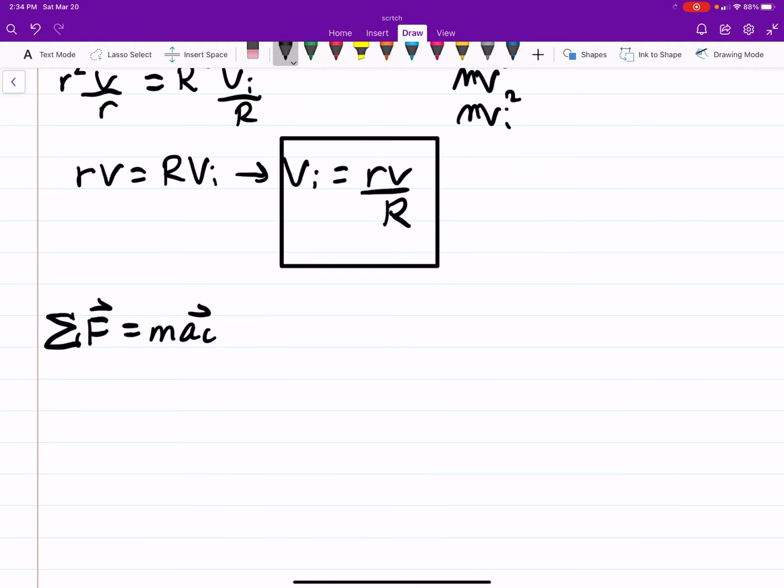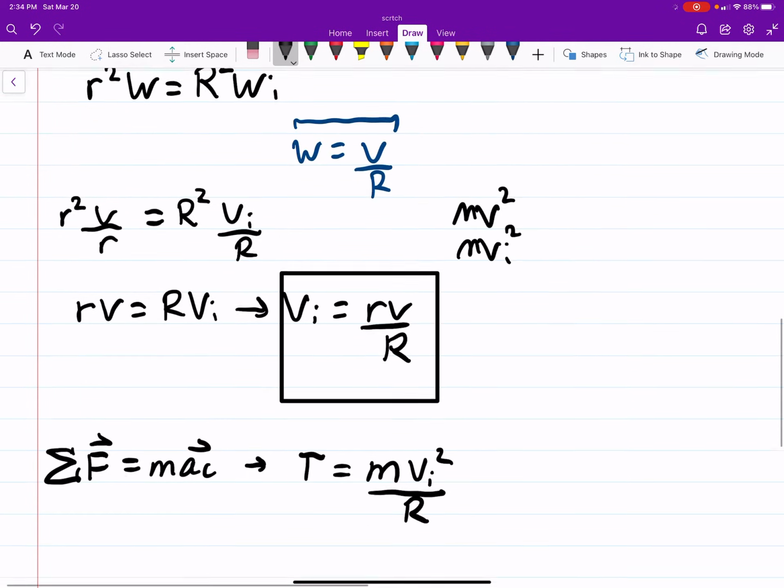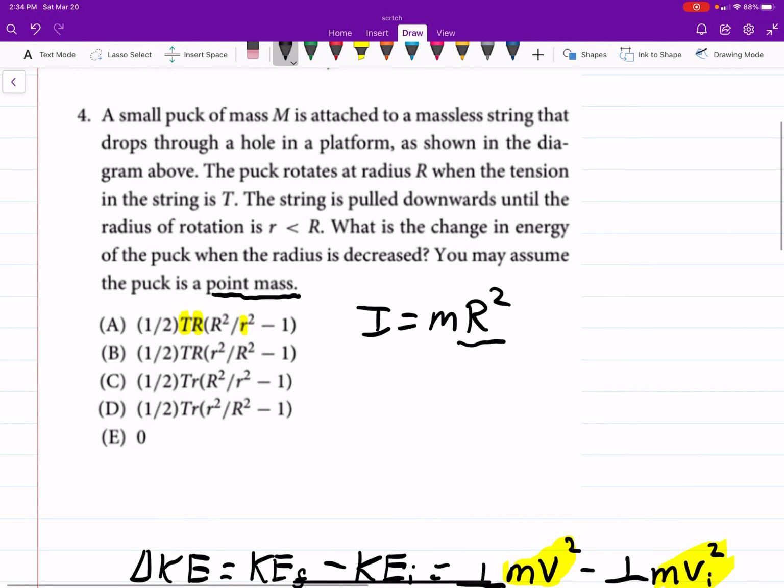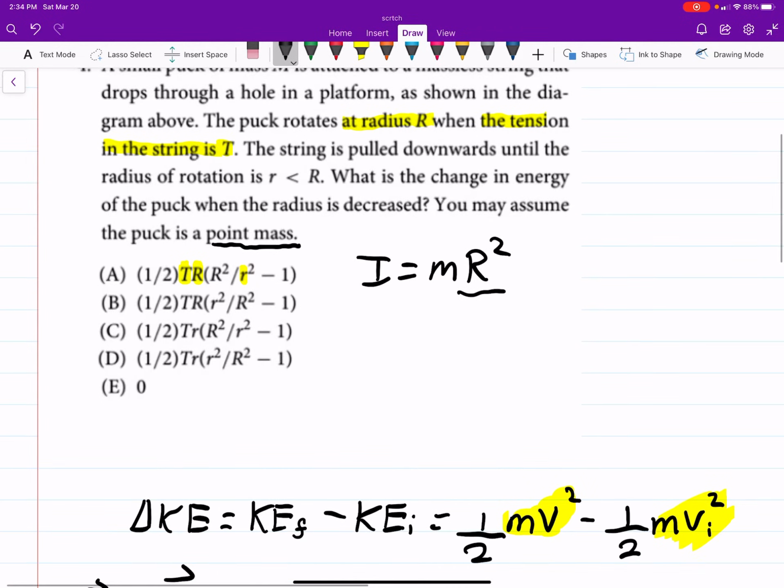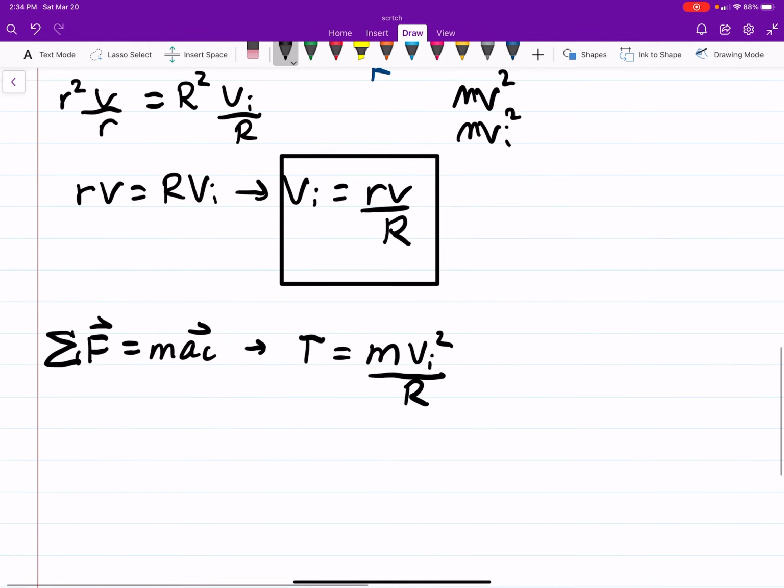And the only force we have is tension. So tension is equal to m v initial squared over big R. I did that because the question says that at radius big R, the tension in the string is T. So that's your initial condition.